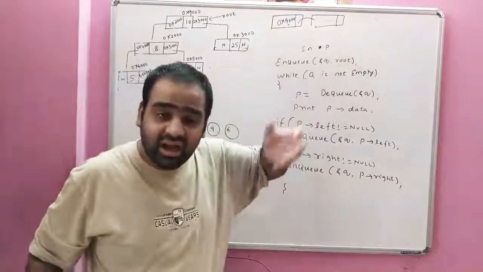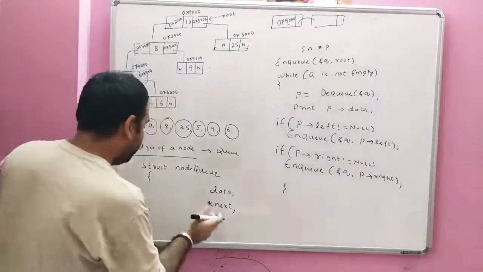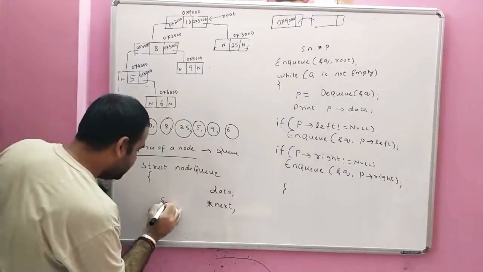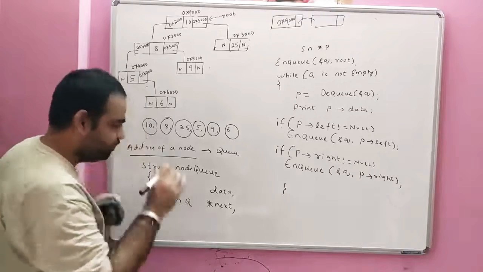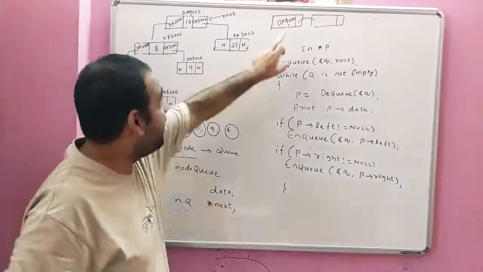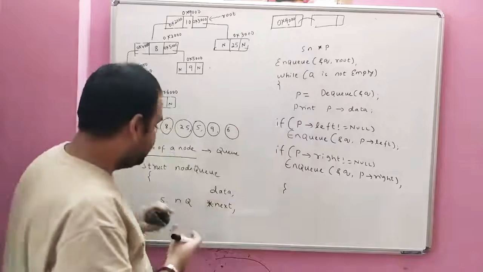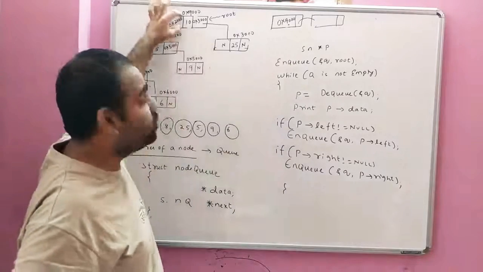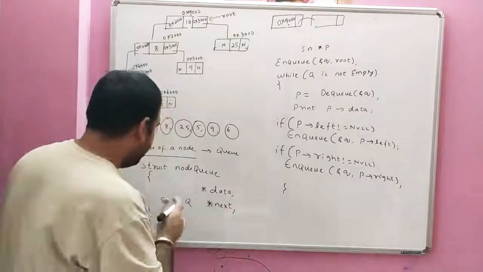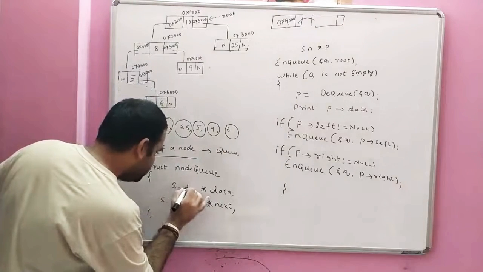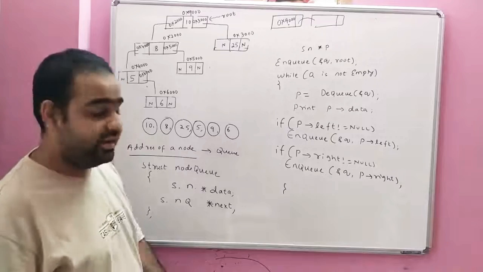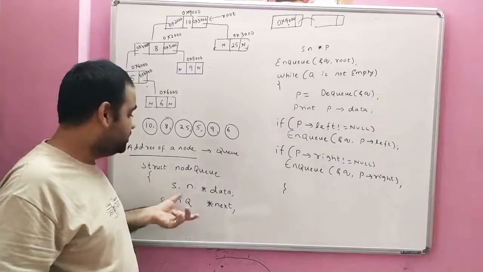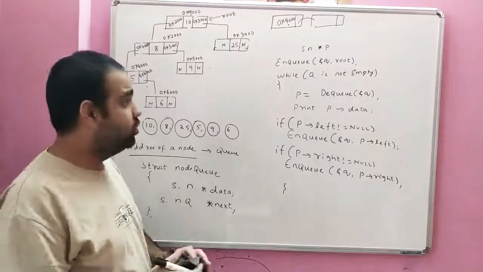It is holding the address of its own node. That means it is holding the address of struct node queue. And what is data? Data is 9000. 9000 is nothing but a pointer. Pointer to what? Pointer to the node of the binary search tree. And what did we write over here? Struct node star data. This is how the structure definition of the node queue will look.